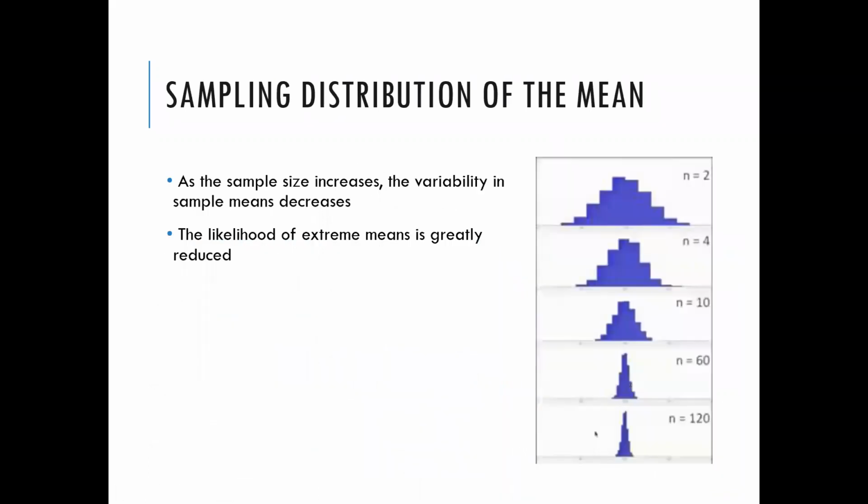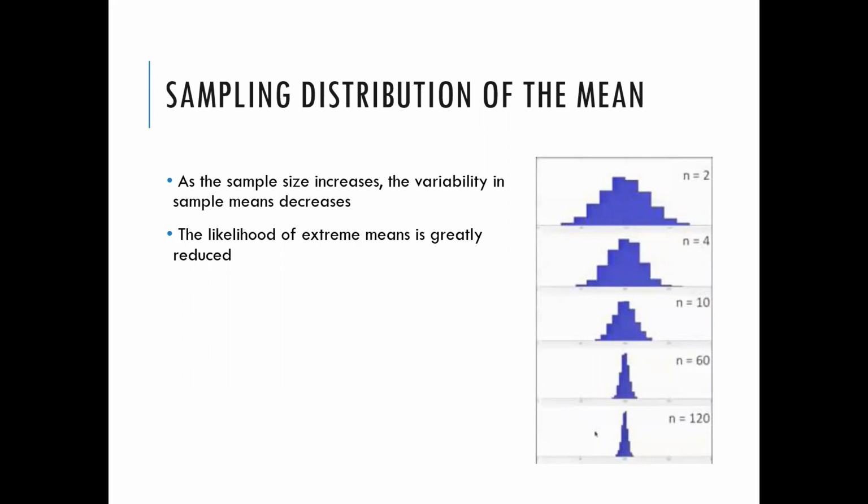All right, so one feature of this sampling distribution is that as the sample size increases, the variability in our sample means decreases. In our example, we had a miniature population of 4 and took sample sizes of 2. But let's say we had a population of interest of 1 million people.